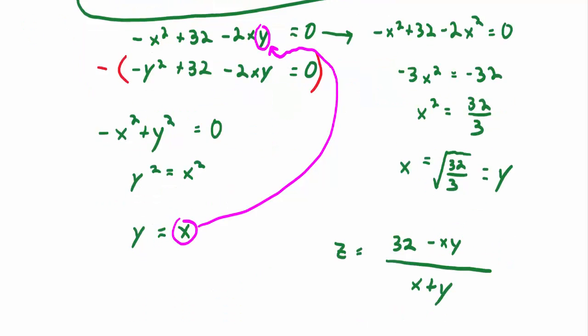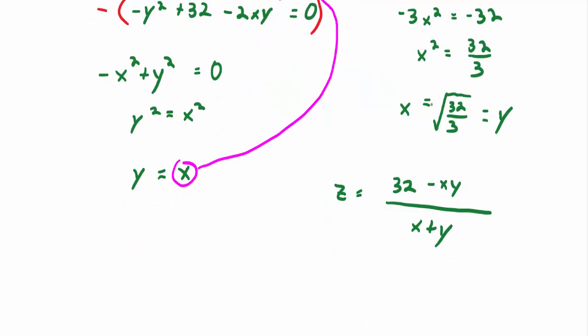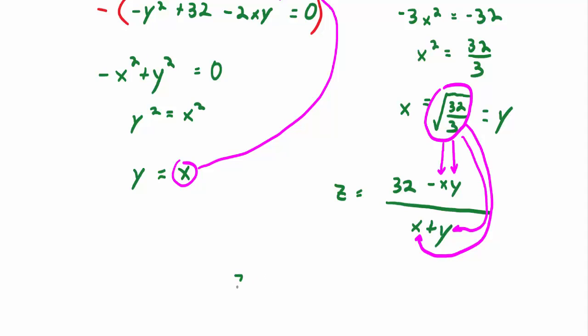That looks better. So if you go ahead and plug this guy in here, and in here, and of course down there, you get some kind of challenging algebra if you're not awake.